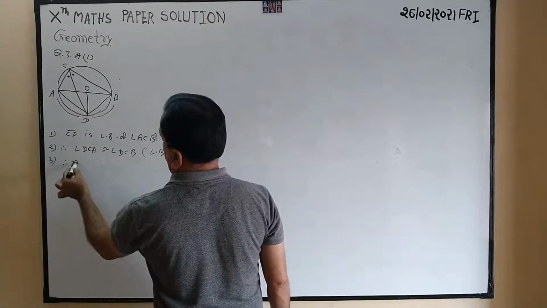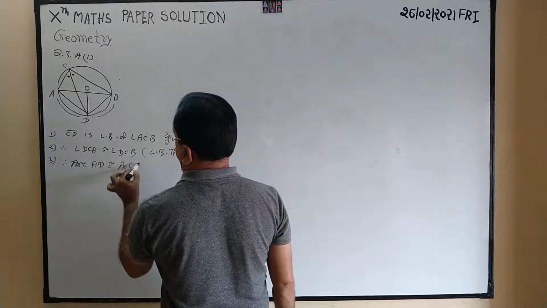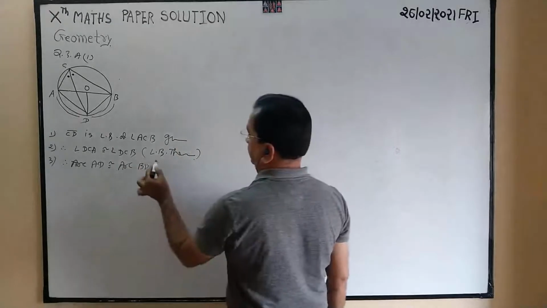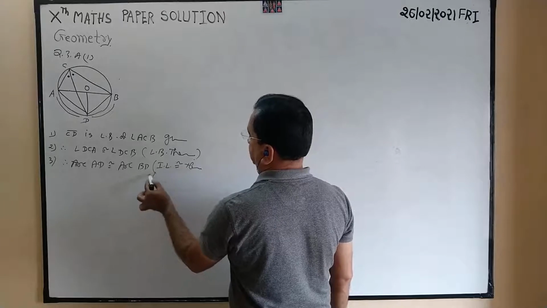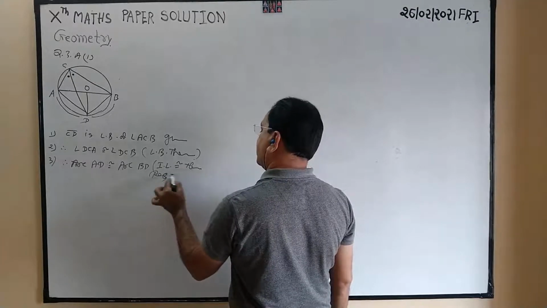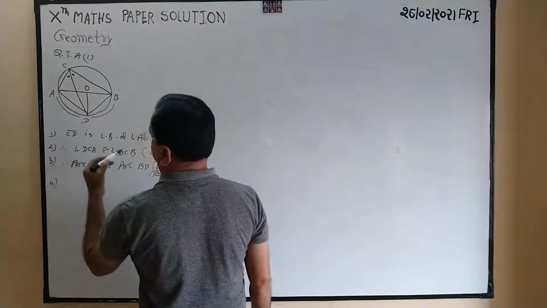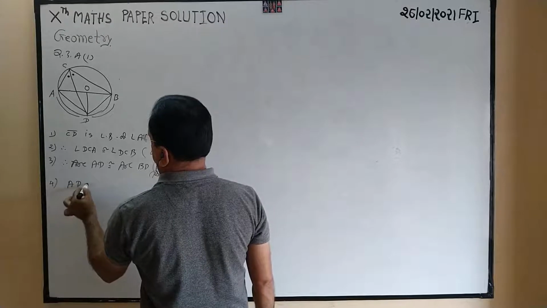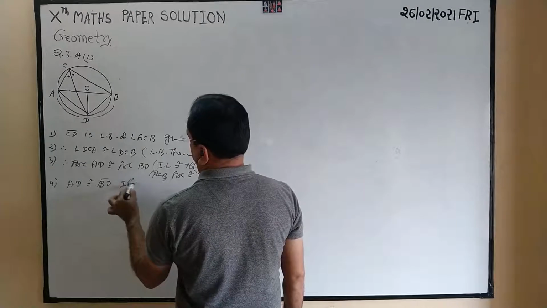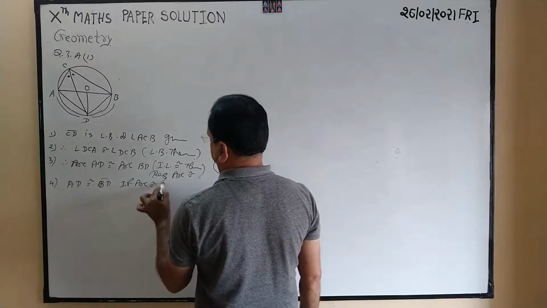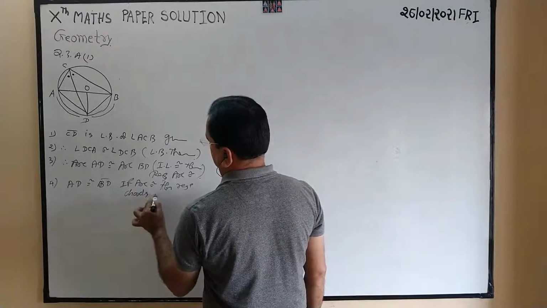Therefore arc AD congruent to arc BD. Inscribed angle congruent, then respective arcs are also congruent. Fourth, if arcs are congruent, then respective chords are congruent.